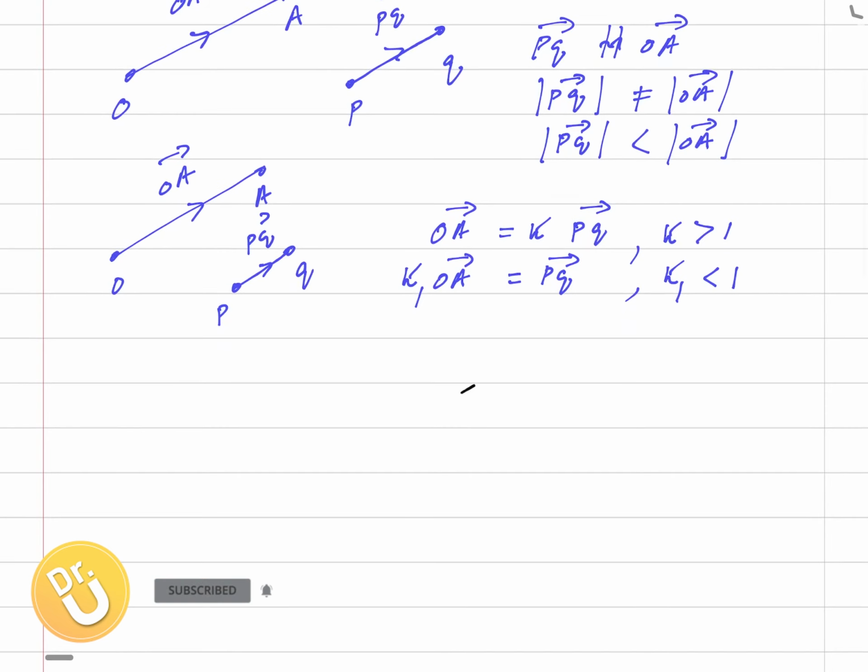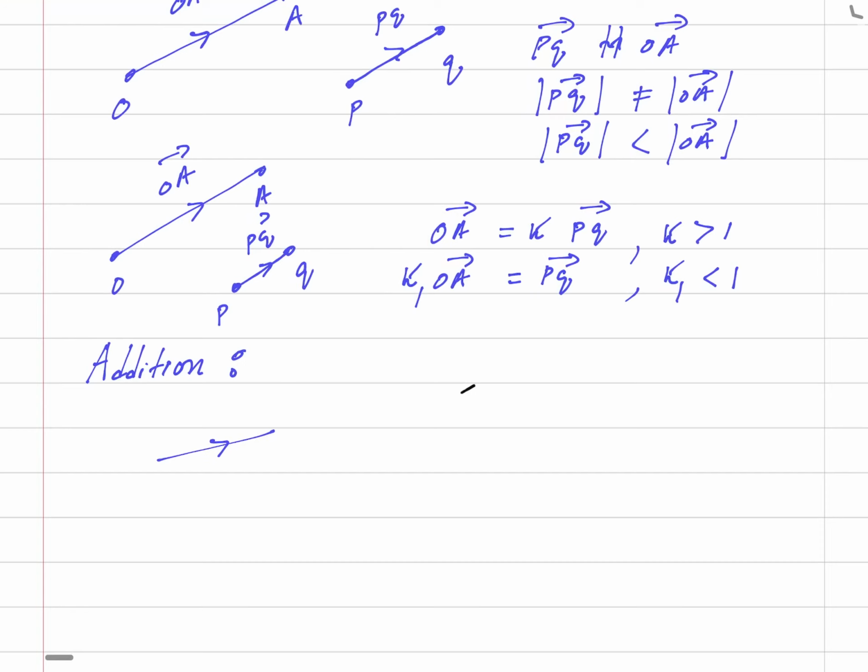Now we will try to understand vector addition. So if you have a vector OA and PQ in the same direction, we have OA plus PQ, and the resultant vector is OQ.